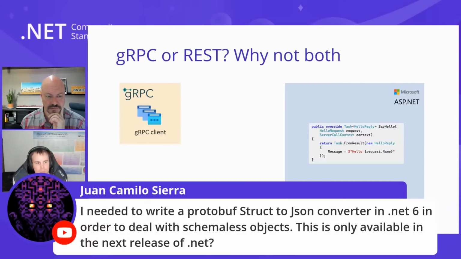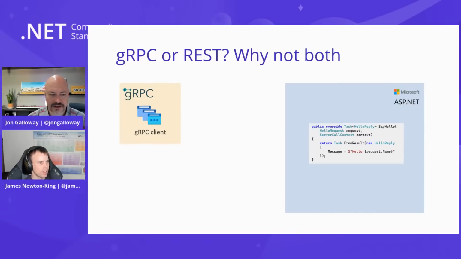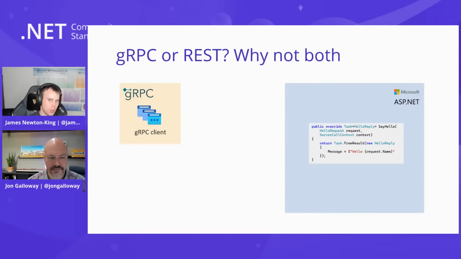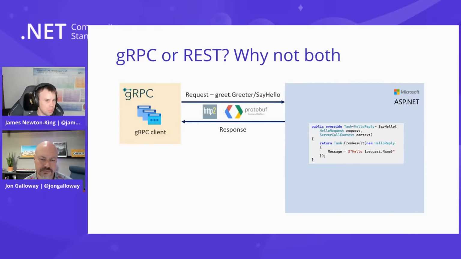It's not something you see publicly, but to efficiently serialize JSON, some new features are getting added to the serializer, and we're going to use those features in JSON transcoding.